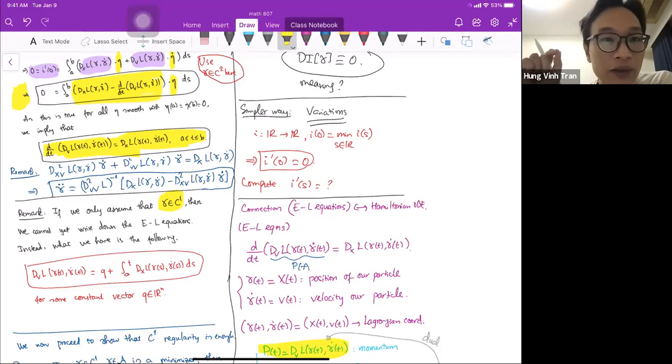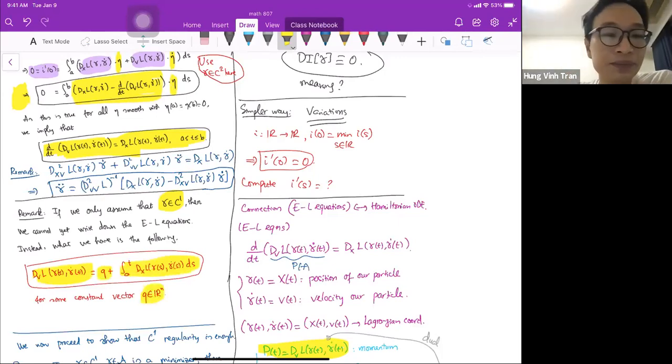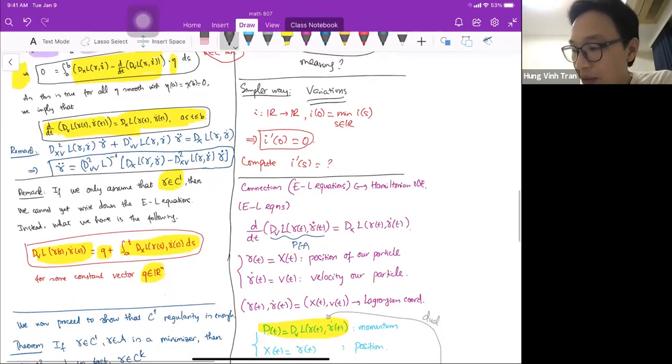So if I don't know that, then I wouldn't be able to kick the derivatives to eta, right? So then I claim that I only have that d_v L is equal to this integral plus a constant q. q is a constant vector. Okay. So again, you can check this one. I would like you guys to discuss and check this one for fun.